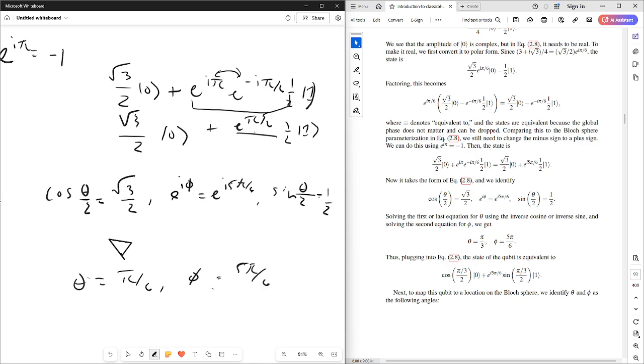Now we can just take this and plug it in: cosine of theta over 2, e to the I 5 pi over 6 sine of pi over 3 divided by 2.